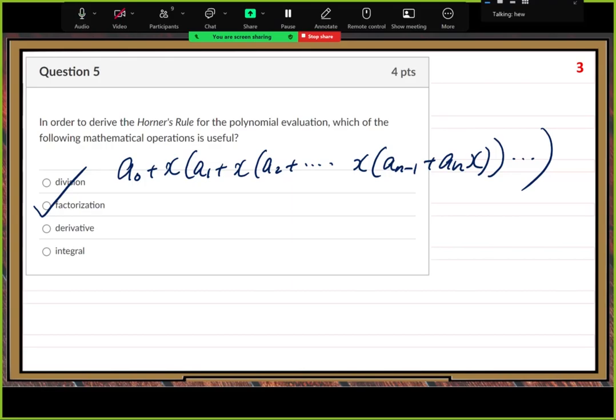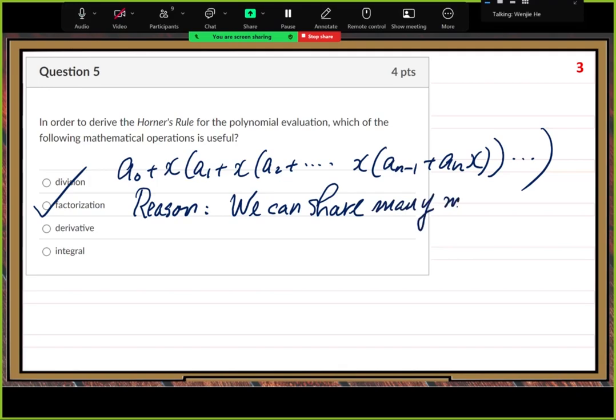So this special factorization, why can we save a lot of multiplications? The reason is simple. The main reason we can save is that we can share many multiplications.